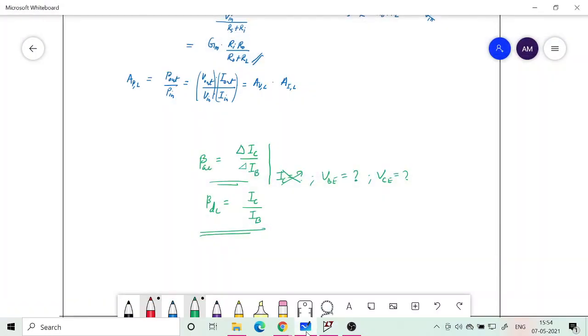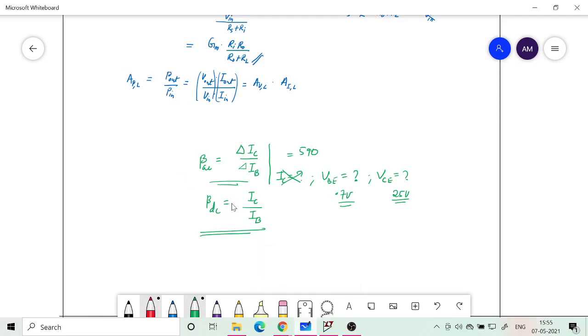So the value which I have said, 590, we got when VBE is 0.7 volt and VCE is 25 volt. So it is specific to the operating point. Whereas beta DC also depends upon the operating point IC, but it is just the ratio of the DC currents IC by IB.